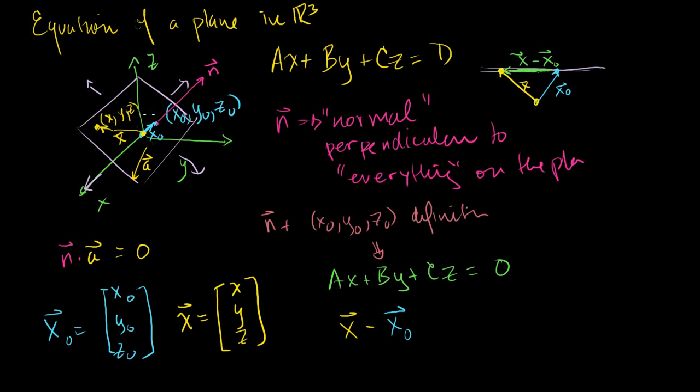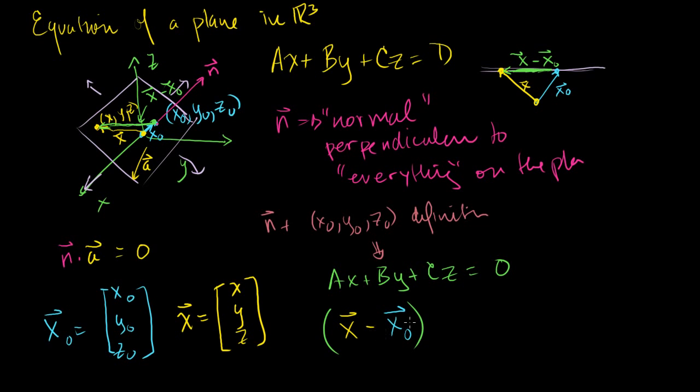If I were to draw it on this graph, it's going to go from the point specified by x naught to the point specified by x, and it's going to lie along the plane. So this right here is x minus x naught. I know this drawing is getting very dirty, but you can see that this is definitely lying on the plane.